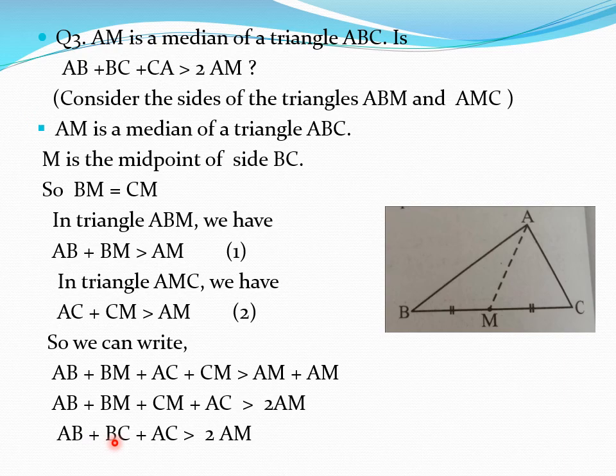AB plus BC plus AC. The only change is that BM plus CM we write as BC. Remaining AB we write and AC also we copy. So the left side becomes AB plus BC plus AC. It is greater than 2AM. Okay children, so this is asked in the question. So we can write a statement in this question. It is true.